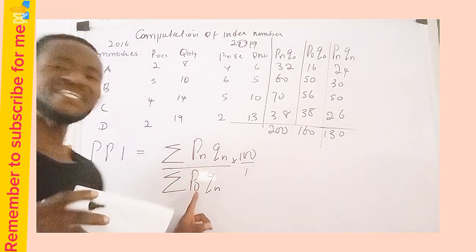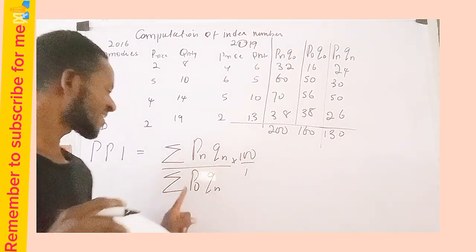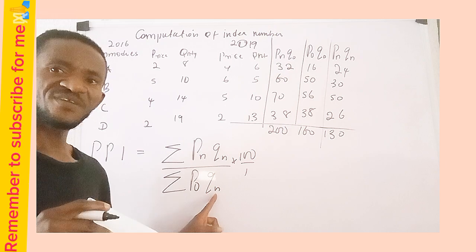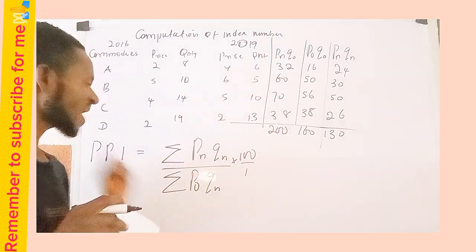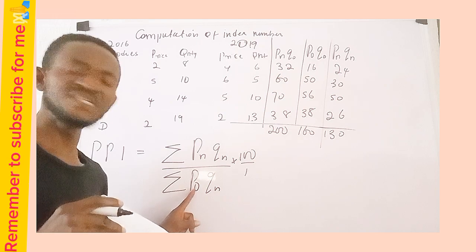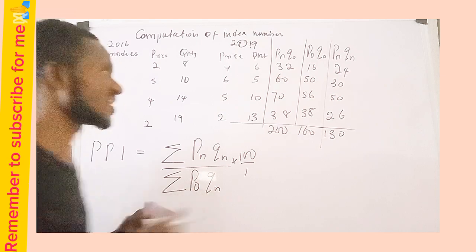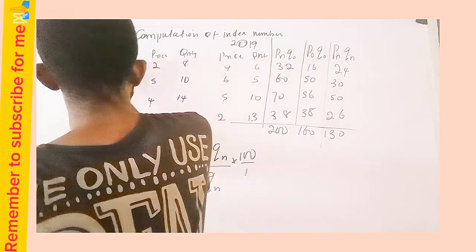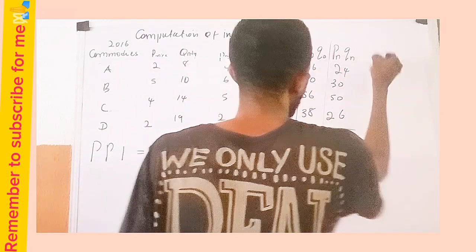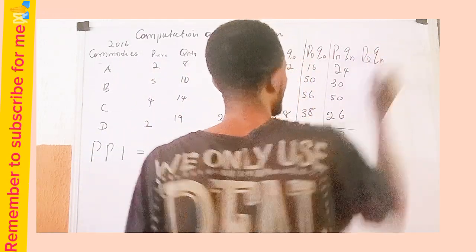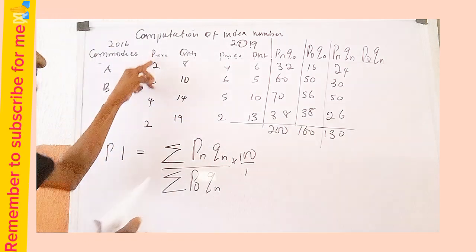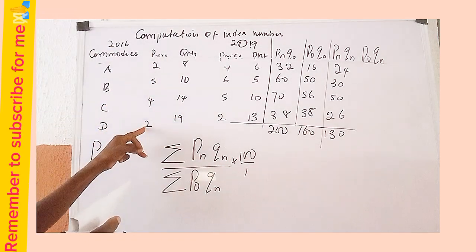Then we equally look at the denominator here. The denominator says P0, Q0N. So we are going to include a column that is talking about the prices in the base year and the quantities in the given year. So I come here and I have what is called P0QN. This is my P0, price in the base year.